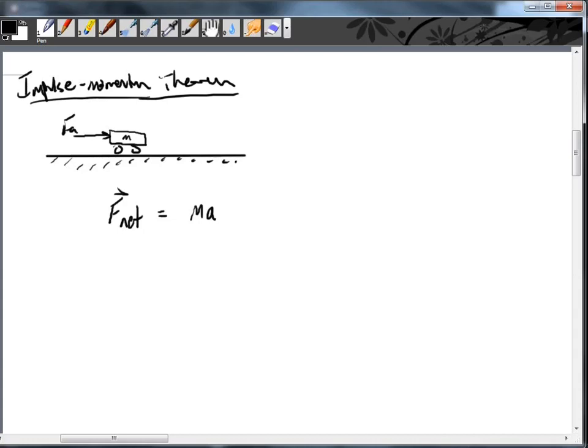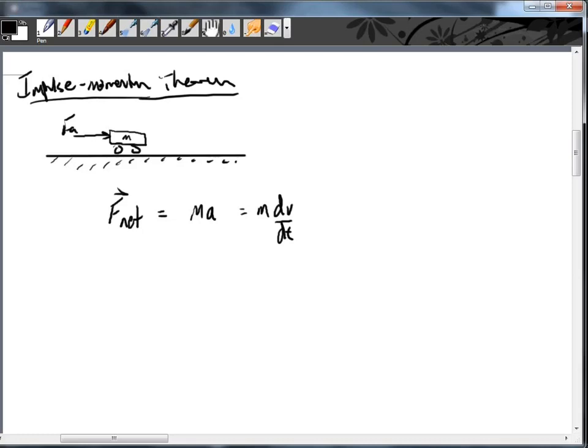But as we talked about last time, our acceleration is really what? It's the time derivative of velocity. So this is going to equal our mass times dv/dt, right?